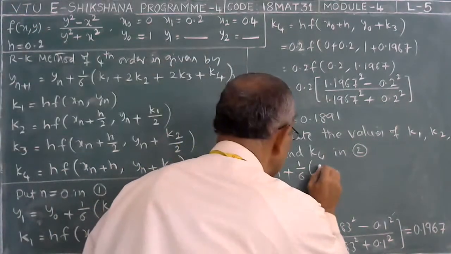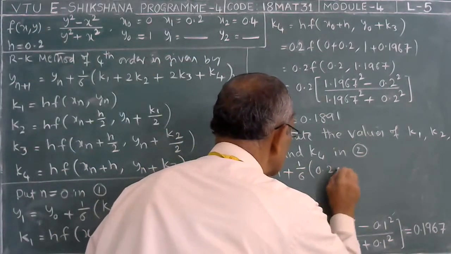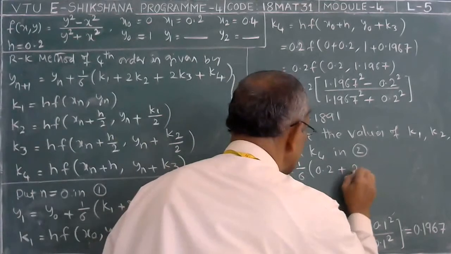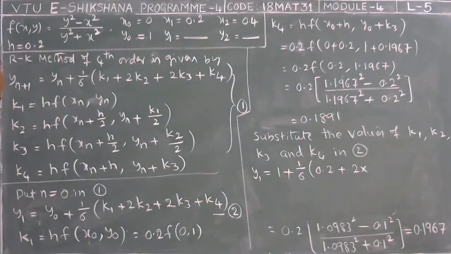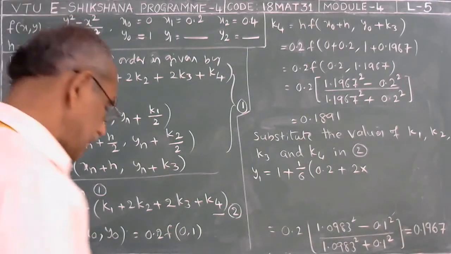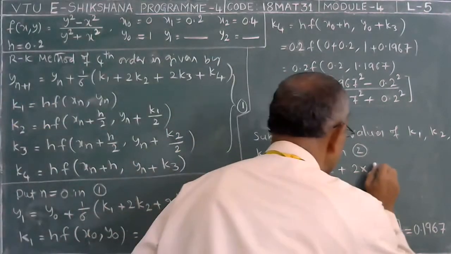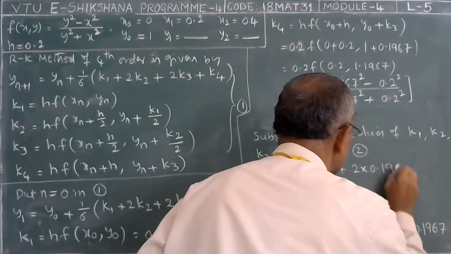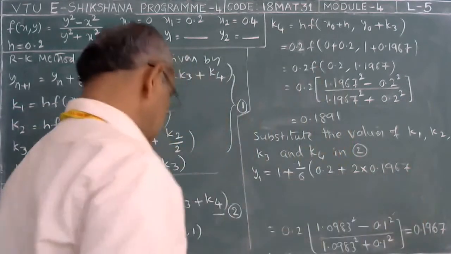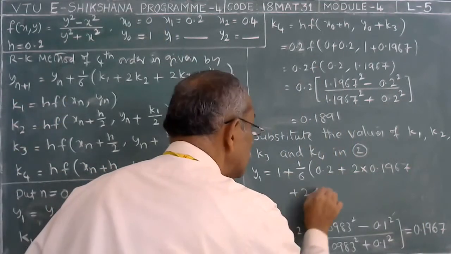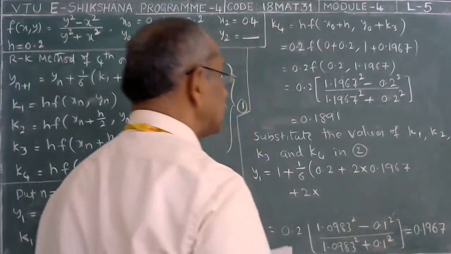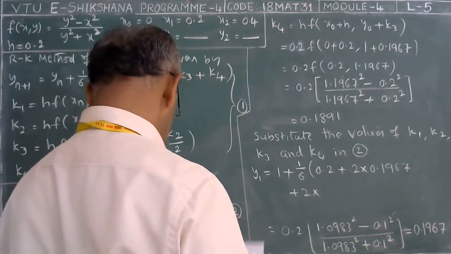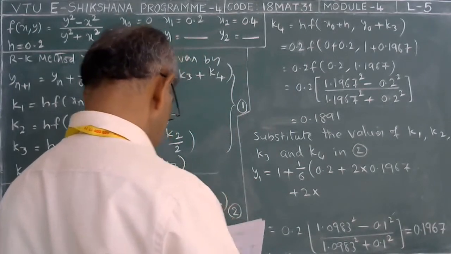So k1 is 0.2, plus 2 into k2, k2 is 0.1967, so 2 into 0.1967, plus 2 into k3, k3 is 0.1967. Okay, both are the same.